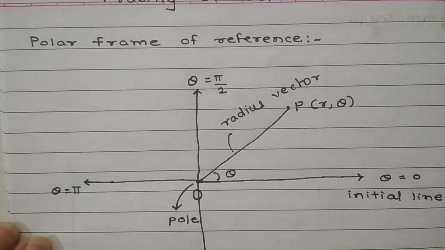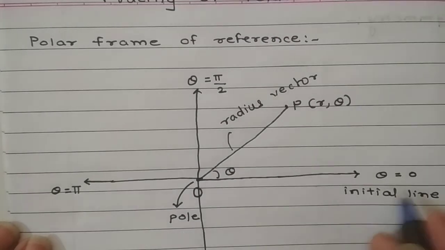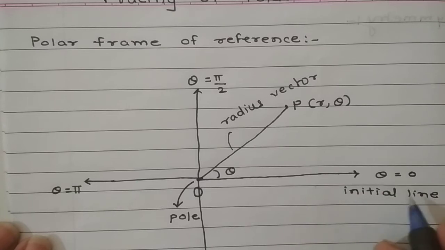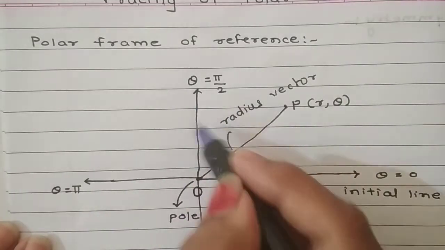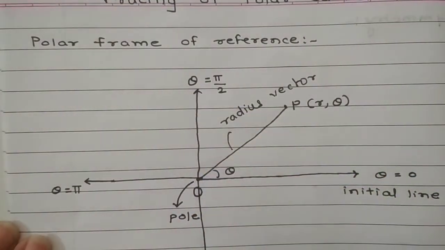In the polar system we write the equation of a line in theta form. Theta equal to 0 is the equation of the initial line. Theta equal to pi by 2 is the equation of the line perpendicular to the initial line and passing through the pole.